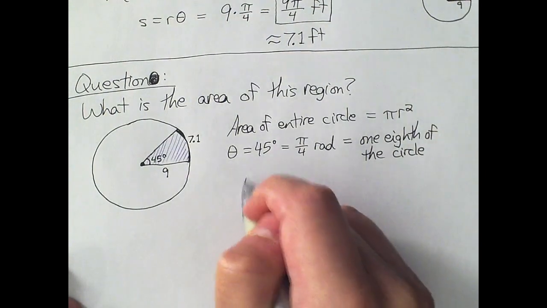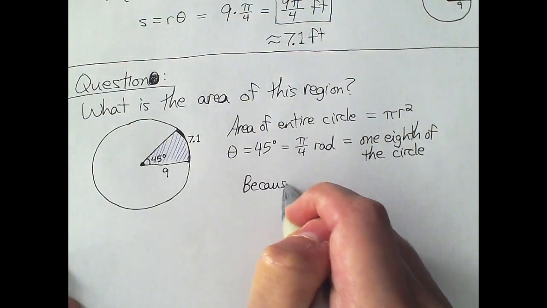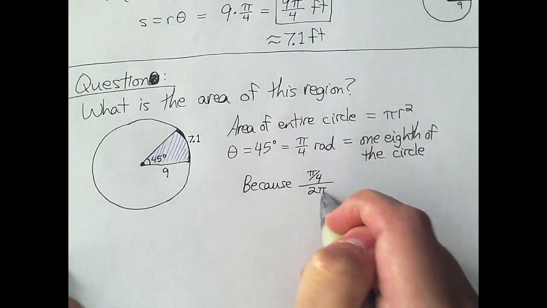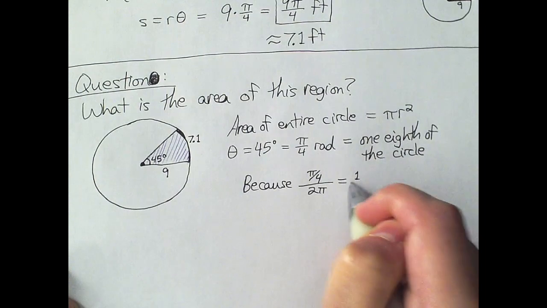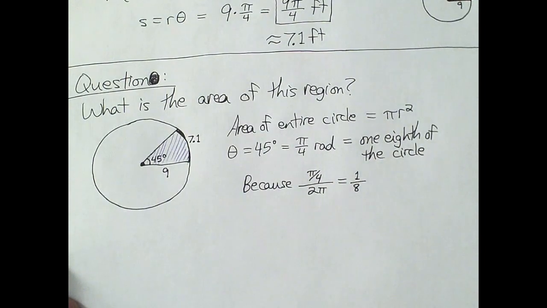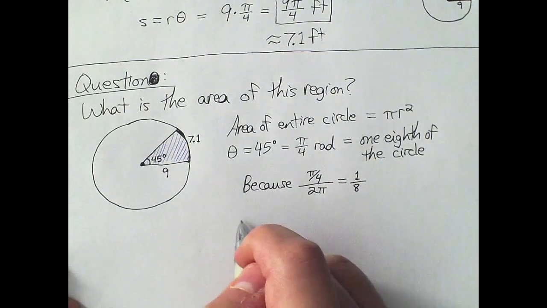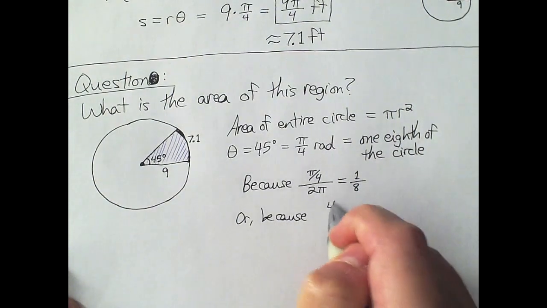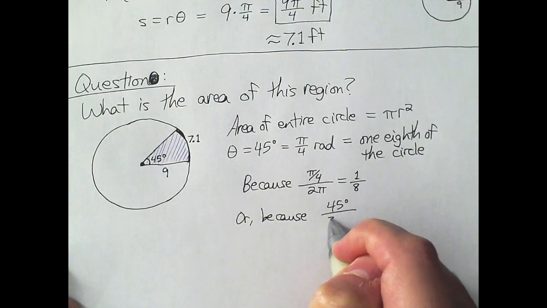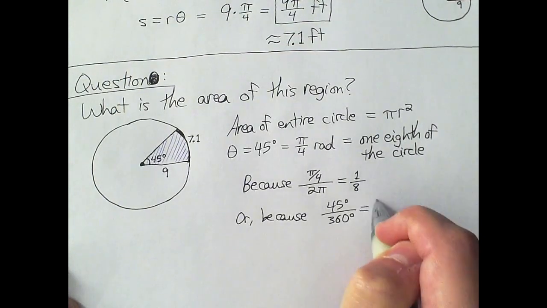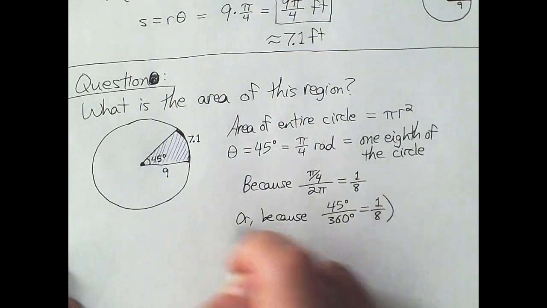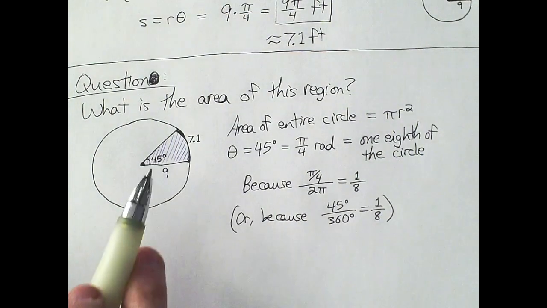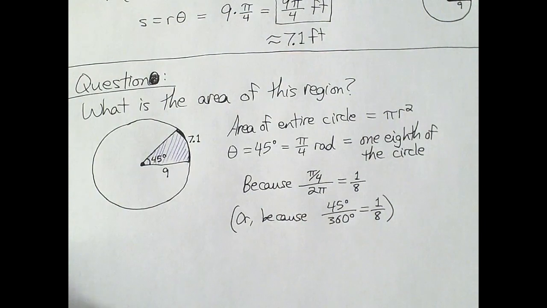Mathematically you could say it's because pi over 4 over 2 pi simplifies to 1/8, or because 45 degrees out of 360 degrees simplifies to 1/8. Either way, you could figure out that this region is 1/8 of the entire circle.